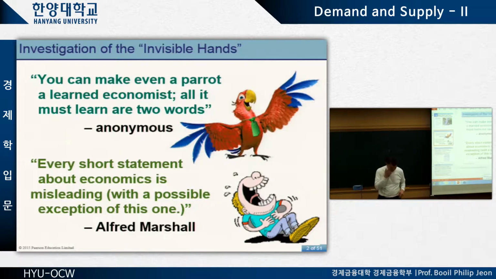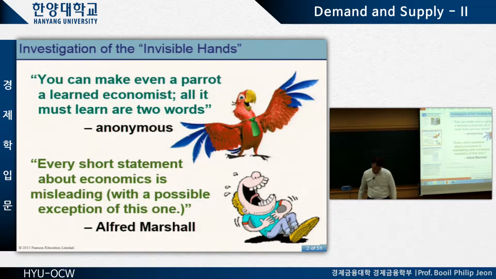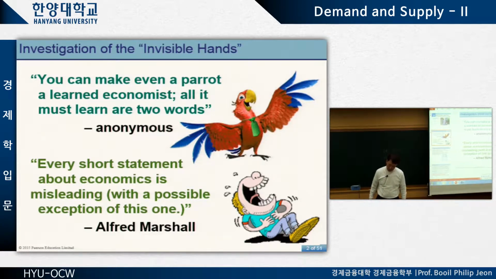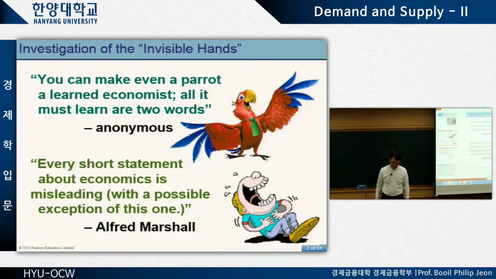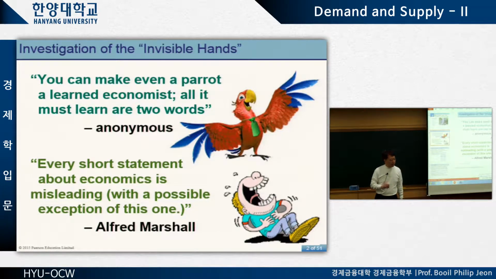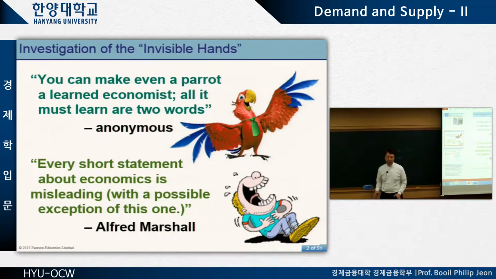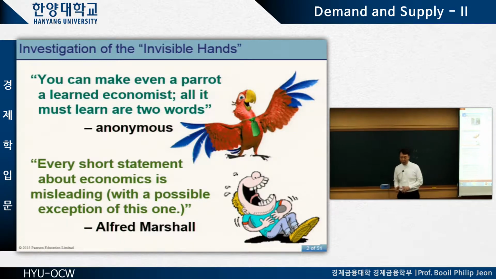That's the idea. Alfred Marshall was the 19th century British economist, and of course, he made a lot of contribution to economics. Adam Smith provided the ideology of the free market, but many other economists after Adam Smith came up with more exact, specific answers how it's going to work.